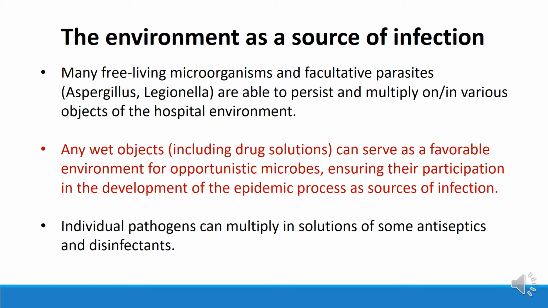Any wet objects, including drug solutions, can serve as a favorable environment for opportunistic microorganisms, providing their participation in the development of the epidemic process as a source of infection. Individual causative agents can multiply in solutions of some antiseptics and disinfectants and have very resistant properties.